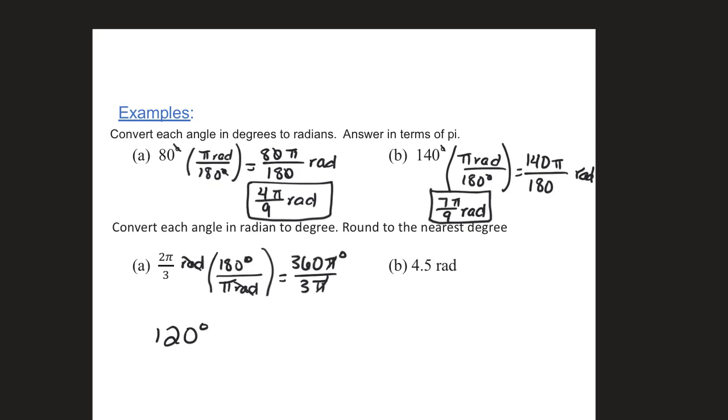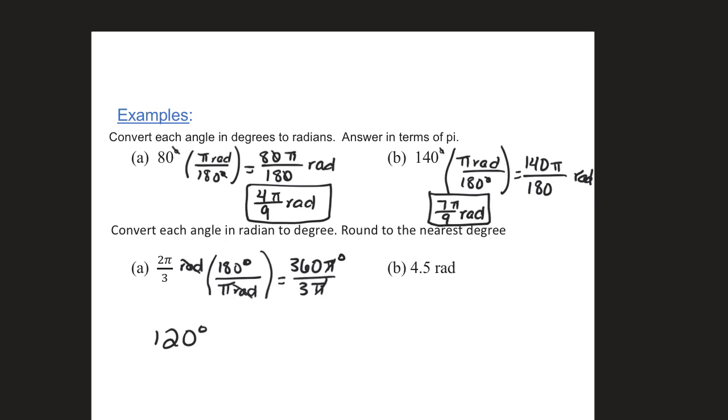Okay, my last example is 4.5 radians, so I need to get rid of radians. I'm going to multiply this by pi radians on the bottom and 180 degrees on top. The radians will cancel, and I'm going to turn 4.5 into a fraction by putting a 1 underneath it. 4.5 times 180 degrees is 810 degrees.